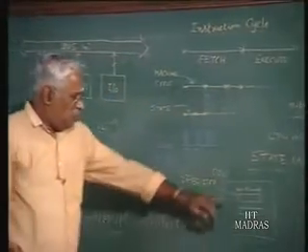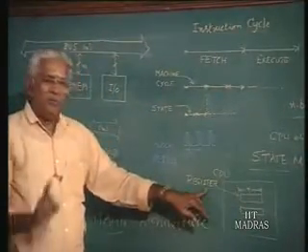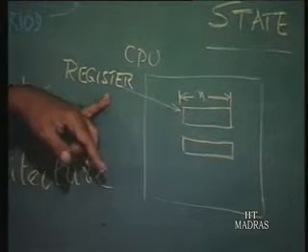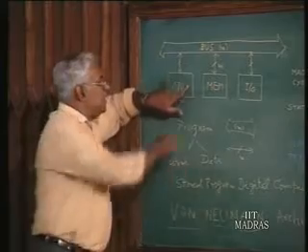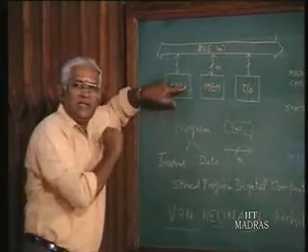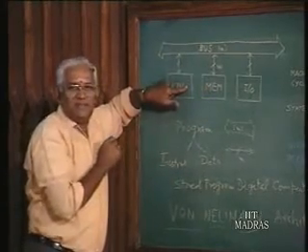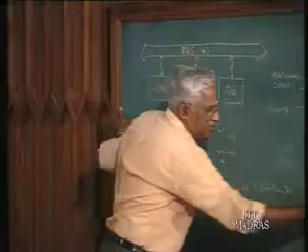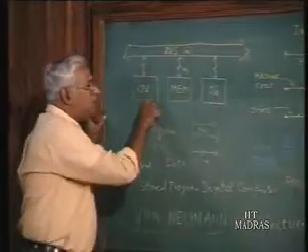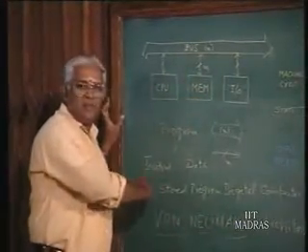So the CPU holds some data in the register. As long as the CPU holds the data, the CPU need not address the memory to get it, it's available internally. If the CPU does not have the data in itself, then only it needs to access the memory.